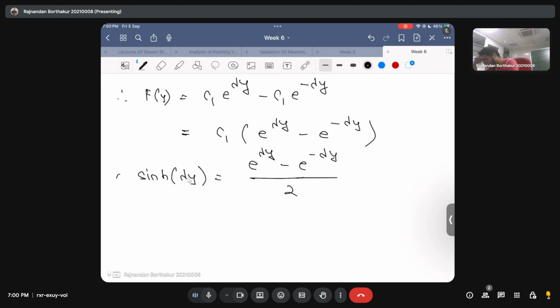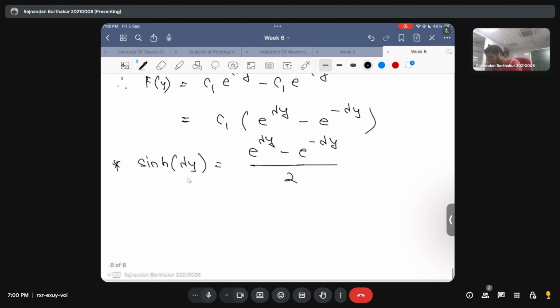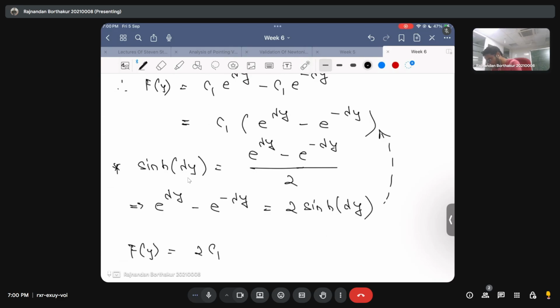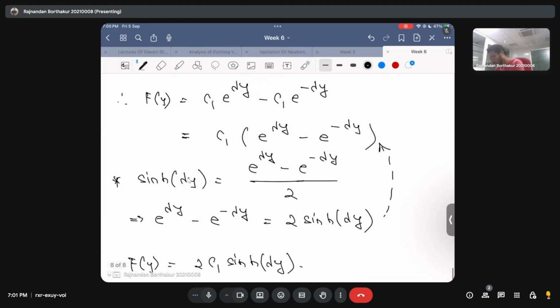That is the property of the hyperbolic sine function, which means I can write e power lambda y minus e power minus lambda y as 2 times sinh lambda y. If I use this property, then my f of y is just 2 C1 times sinh lambda y. But we still need to find C1, remember that. Maybe I'll call this 5b.